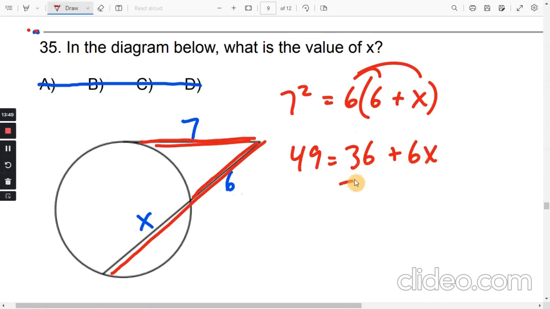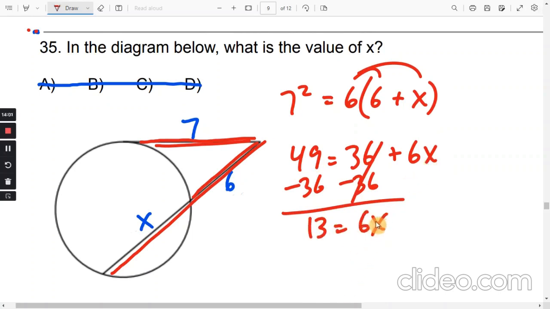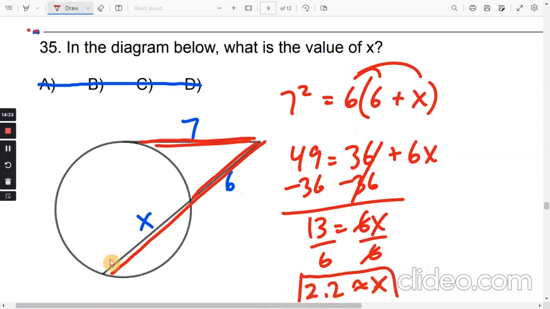The opposite of plus 36 is minus 36. 49 minus 36 is 13, and that equals 6x. The opposite of times 6 is divided by 6, so 13 over 6, rounded off, is going to be 2.2. So that is the approximation for x.